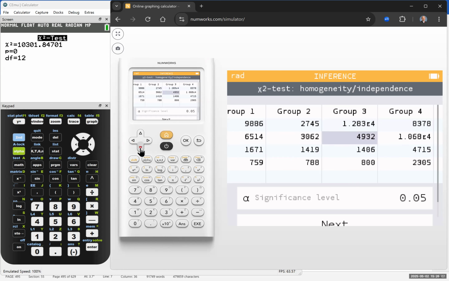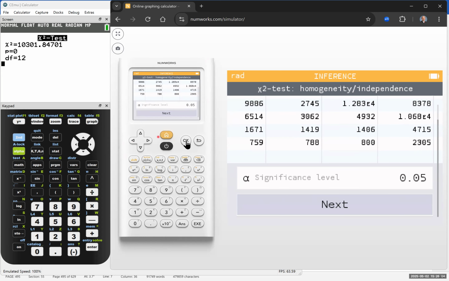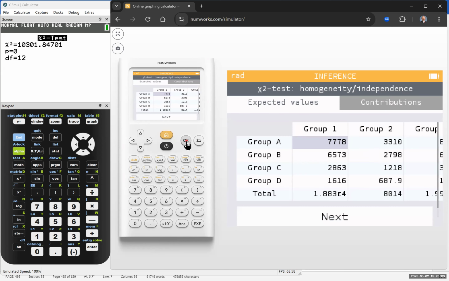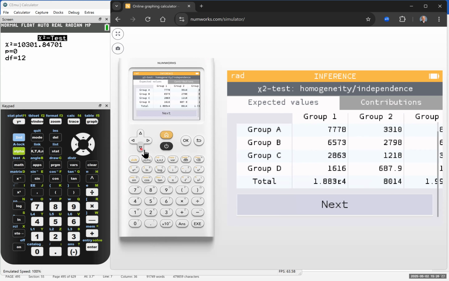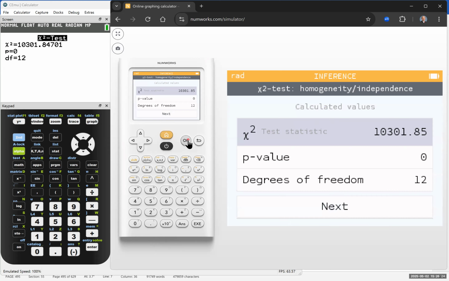Okay, 5% significance level looks good. All right, and then we can go. This is our expected values. So this shows us what the expected values were. Remember, I told you that first one was 7,778. It calculated all of them for you. And then here's our test statistic.